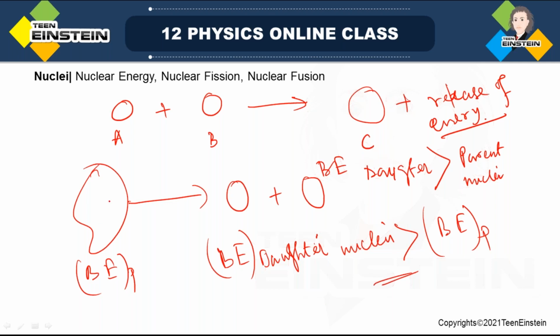If you have a bigger nucleus, you break it into two small, almost comparable nuclei, and if the binding energy or the stability of these two daughter nuclei is greater than the stability of the parent nucleus, then there will be release of energy.